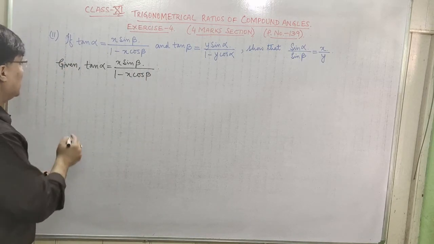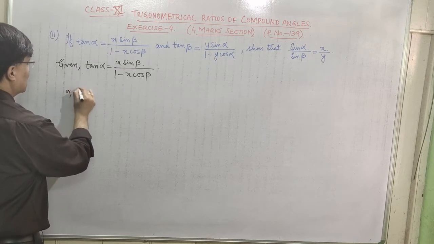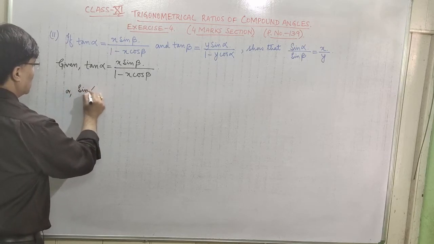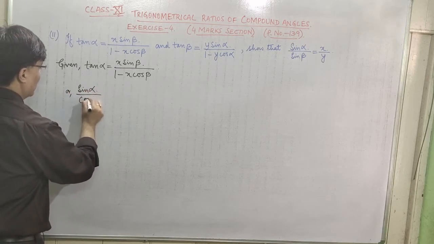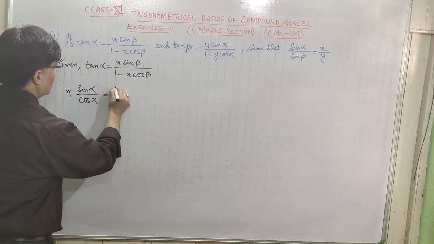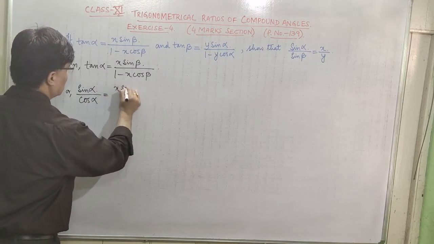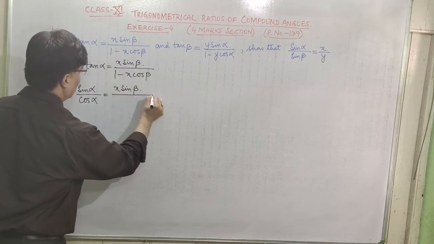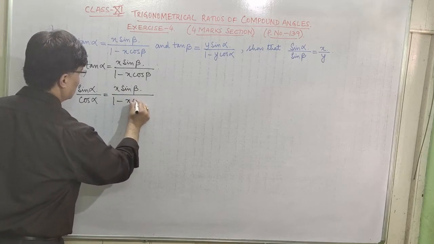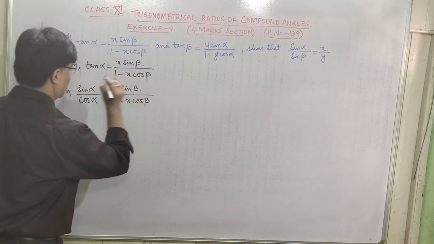Now let us convert this tan alpha into sine and cos. So this is sine alpha by cos alpha is equal to x sine beta divided by 1 minus x cos beta.